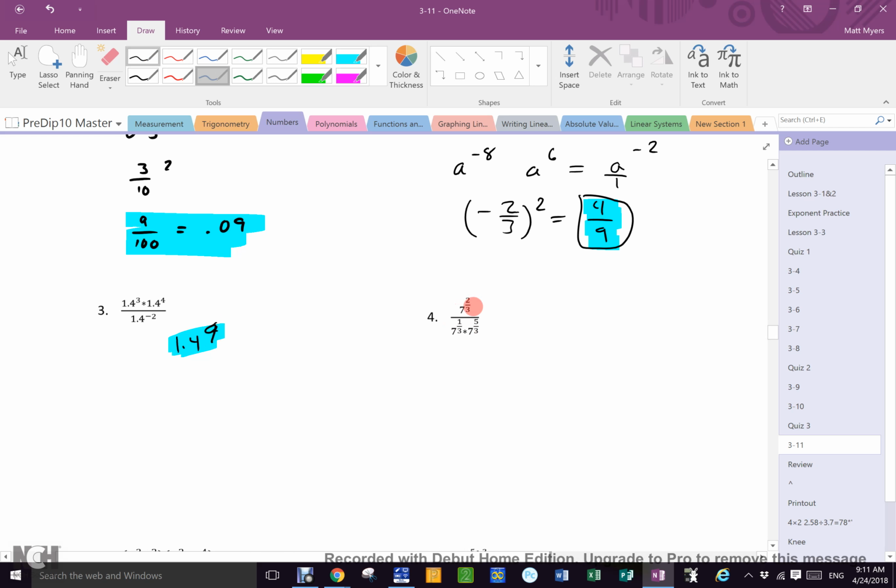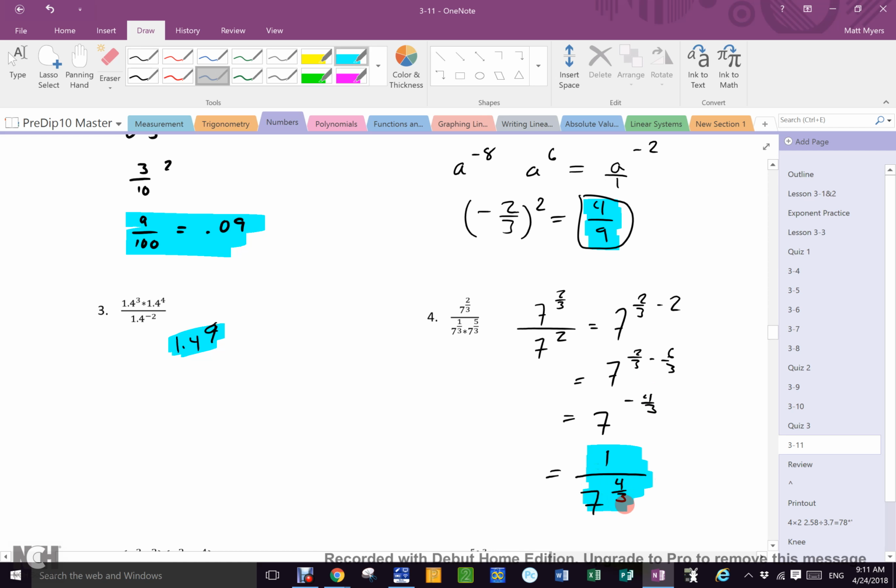This one I tried. I didn't evaluate. I just left it as is just to see if I got it. It is 7 to the 2/3 over 7 squared, which is 7 to the 2/3 minus 2, which is 7 to the 2/3 minus 6/3, which is 7 to the negative 4/3, which is 1 over 7 to the positive 4/3.